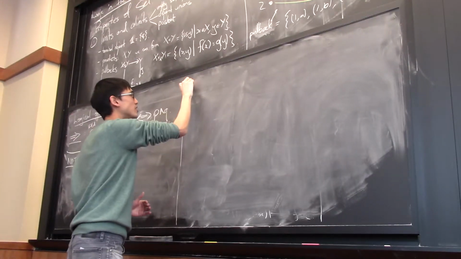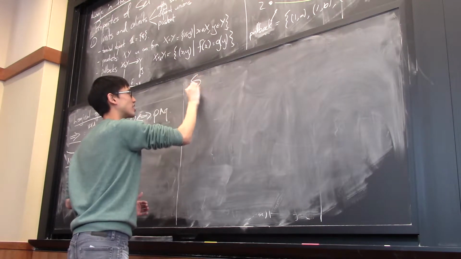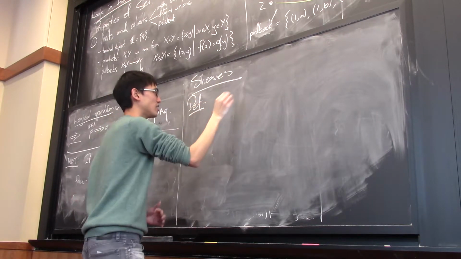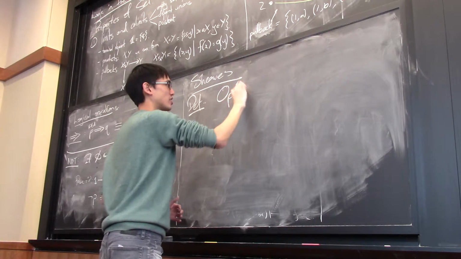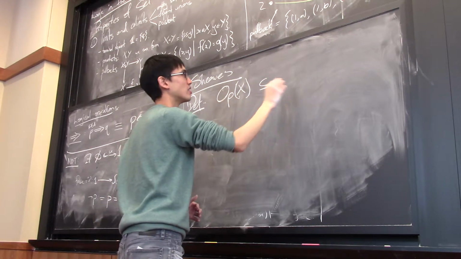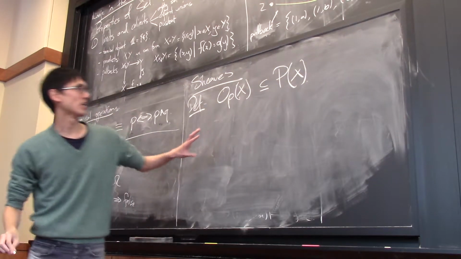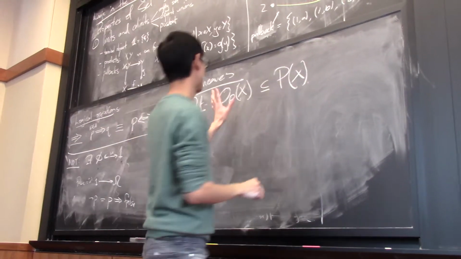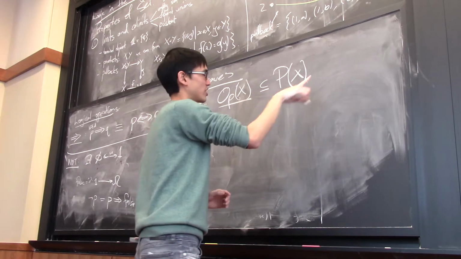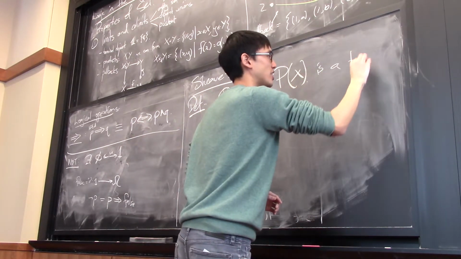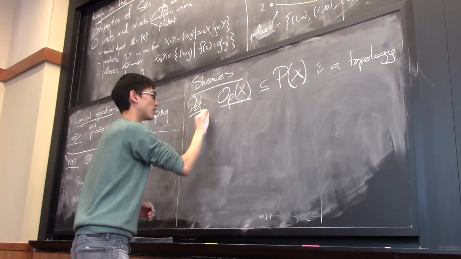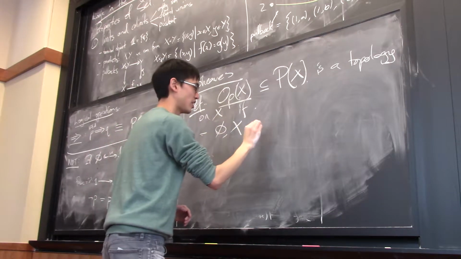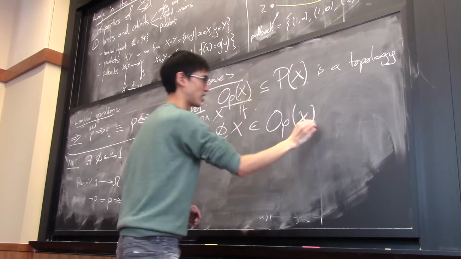Definition. Given a set X, we can talk about a set of subsets of X called the set of open sets. A collection Open(X) of subsets of X is a topology on X if, firstly, the empty set and the whole set are contained in it.